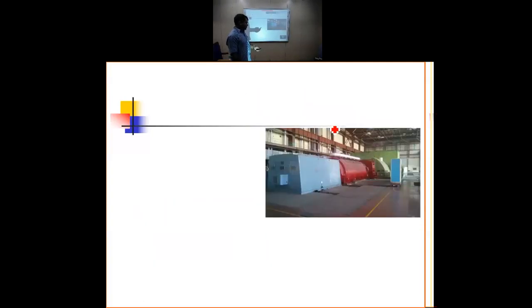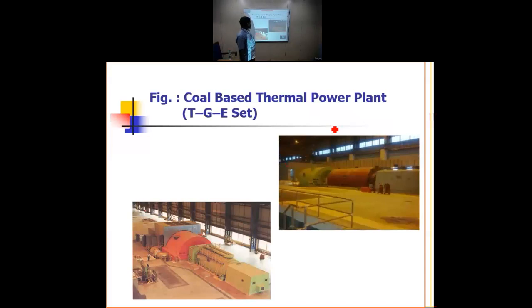Here also you can see the turbine housing, the turbine, the exciter from which DC power is obtained, and finally the generator. This is the picture of a 500 megawatt thermal power station of NTPC Chandrapur.